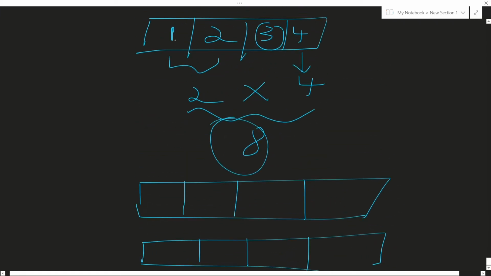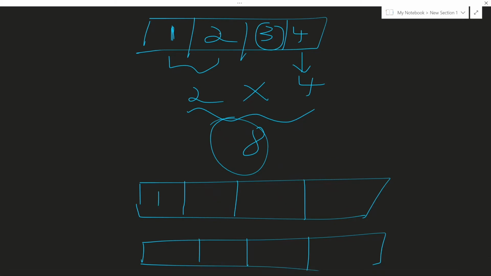So for the first element, since there is no prefix, we'll assume that as 1. For second element, the prefix is 1. For the third element, the prefix would be 2 times 1. And for the last element, the prefix would be 3 times 2 times 1, 6.